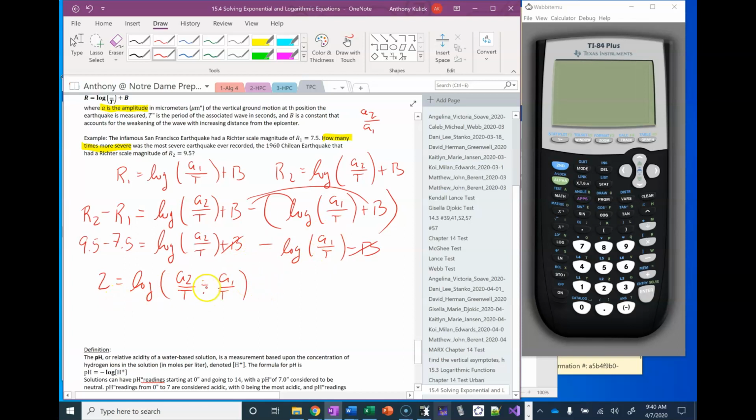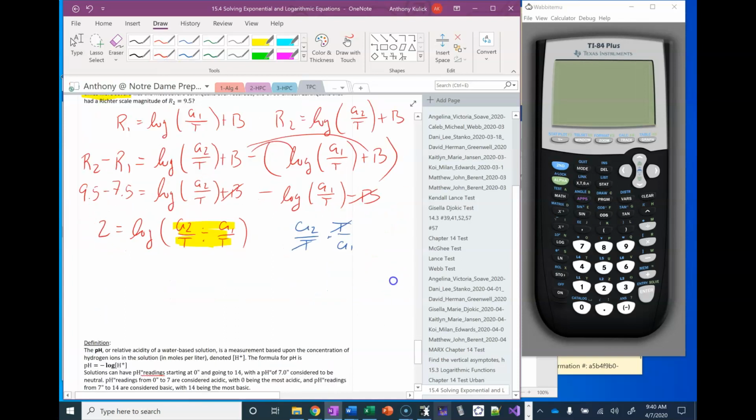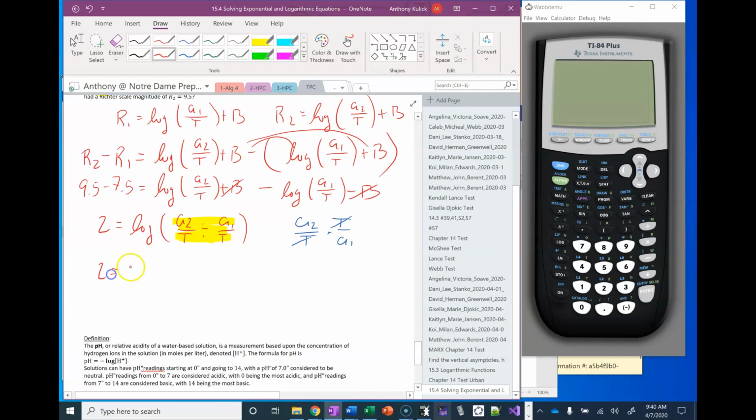And if I want to divide two fractions, it's the same thing as multiplying by their reciprocals. So those t's are going to cancel out. And I'm left then with 2 is equal to log of A2 over A1.